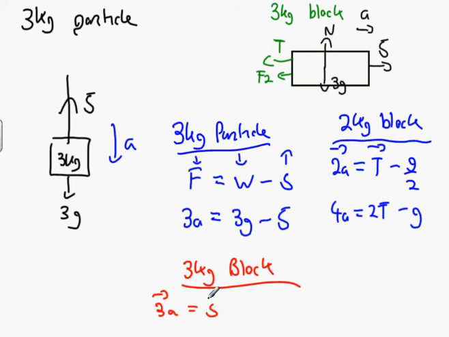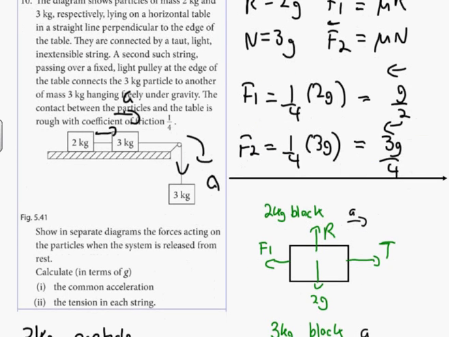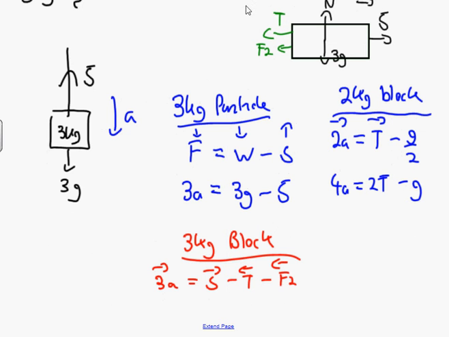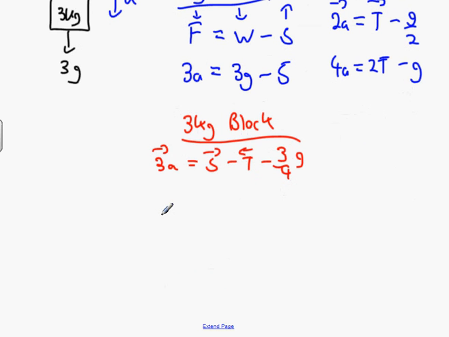S. Anything opposing it? T. And anything else? F2. And we said F2 earlier was 3G over 4. Once again, fractions aren't going to carry with me here, so we got to get rid of them. Multiply by 4. 12A equals 4S minus 4T minus 3G.